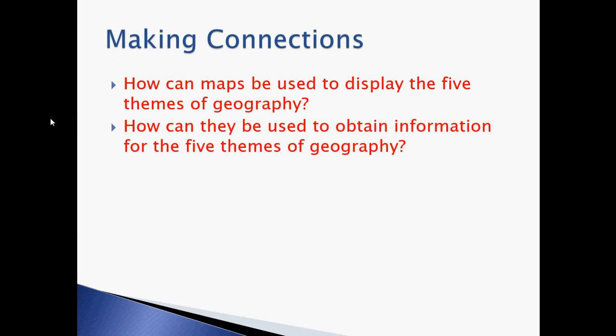And I also want you to tell me how maps can be used to obtain information for the 5 themes of geography. So your assignment for this particular activity is to think about those projections, tell me some key differences that you see, and then relate maps to the 5 themes of geography and give me a short 2 to 3 sentence description for each of these 2 questions, and you can submit that to the assignment tab on Canvas.